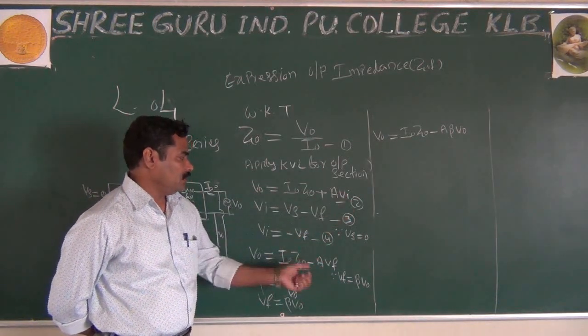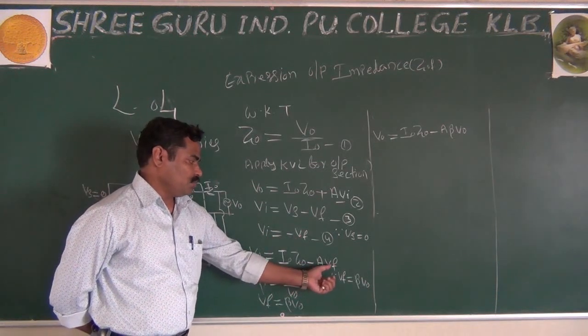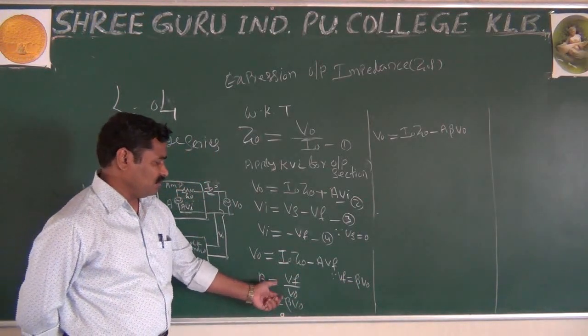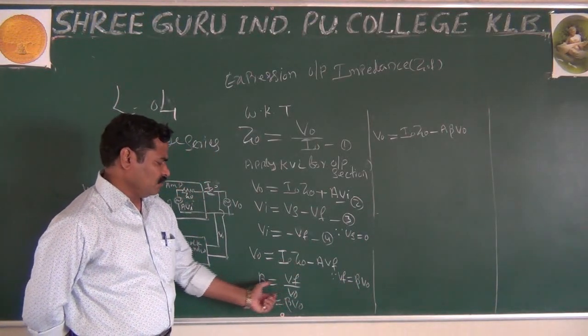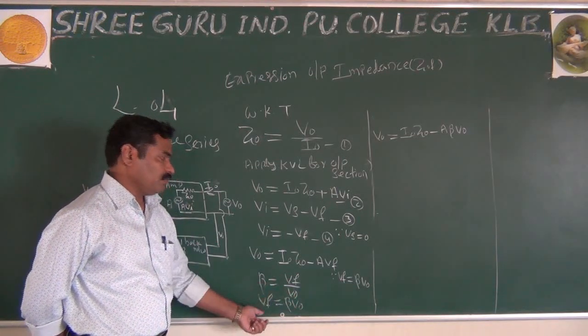In place of Vi, you can write minus Vf, because Vi is equal to minus Vf, and this Vf you can write as beta into V naught. I naught Z naught stays as it is. Same thing, it's not necessary to write beta equals Vf by V naught again; we want this Vf as beta into V naught.